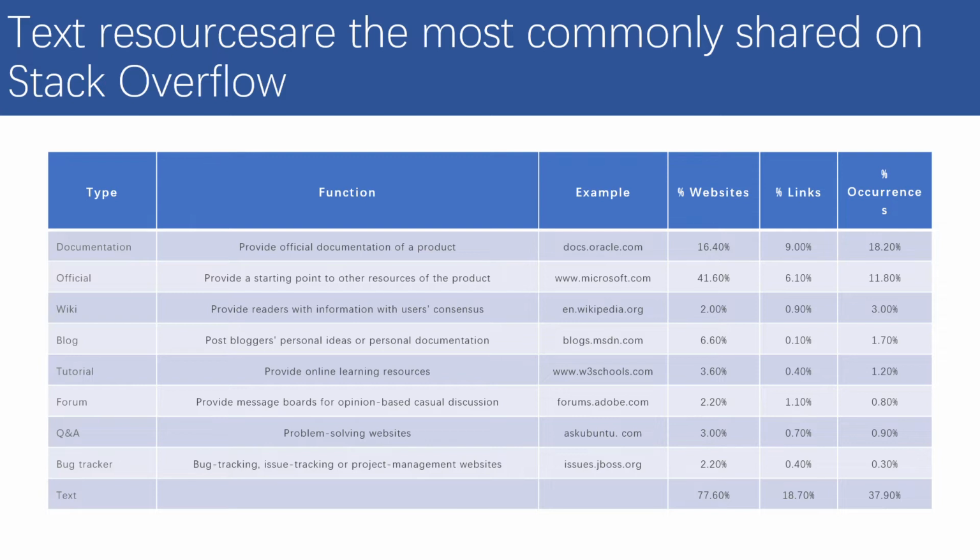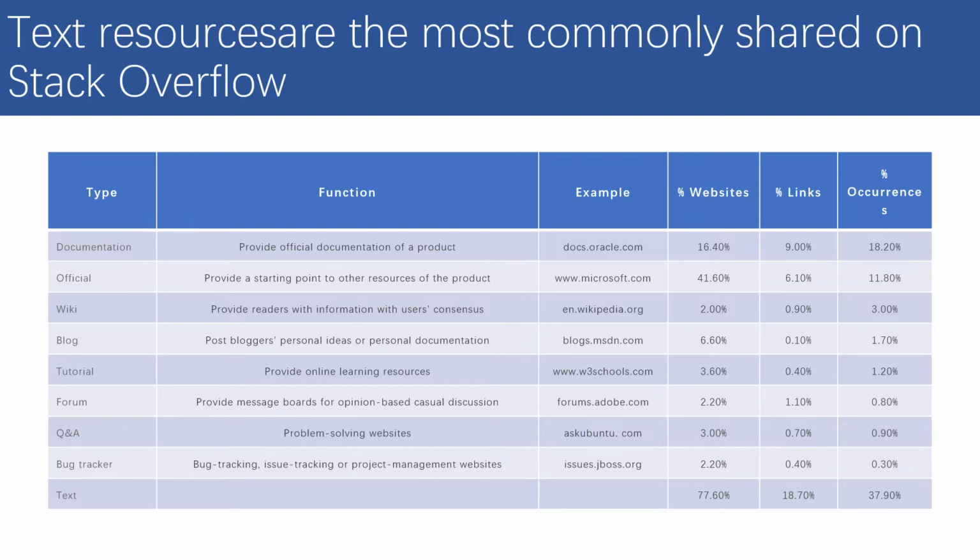More specifically, we observe that over 70% of the top 500 most shared external websites are related to text resources. Text resources can come from multiple sources, such as documentation websites, tutorial websites, and bug tracker websites.